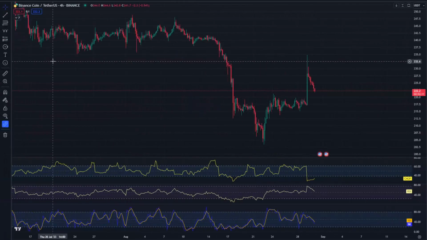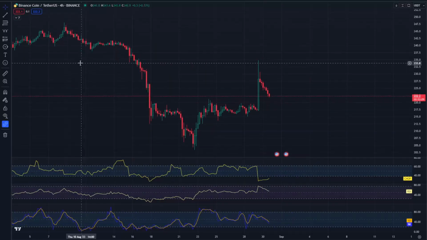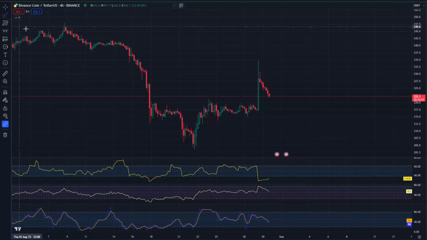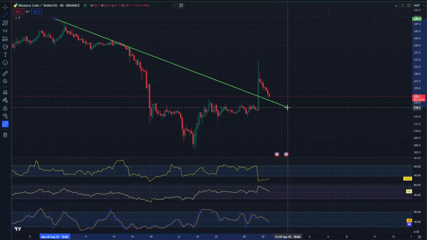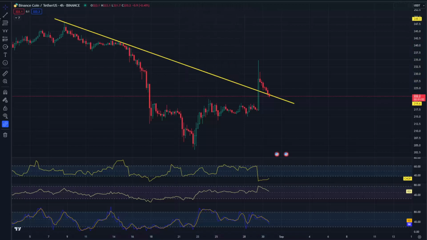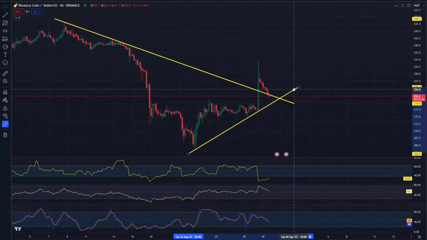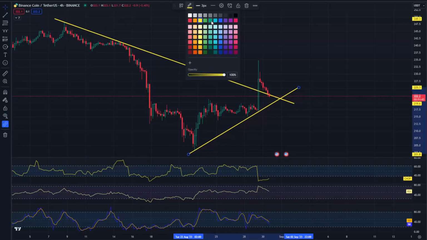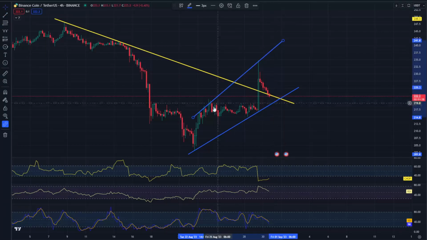As the third, we will check the BNB chart on a 4-hour interval. As we can see, the price has broken the downtrend line and is now struggling to stay above it. While currently we will use the blue lines to mark the uptrend channel in which the price is approaching the lower limit.